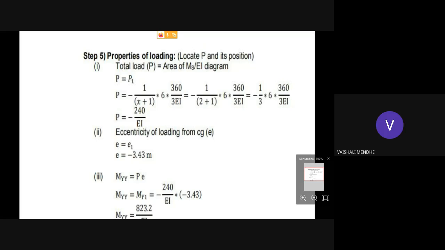So in the last class, we finished up to this. We have calculated the value of P, which is equal to minus 240 by EI. Eccentricity we have calculated as minus 3.43, and why it is minus, I also told you, because it is located to the left of CG.